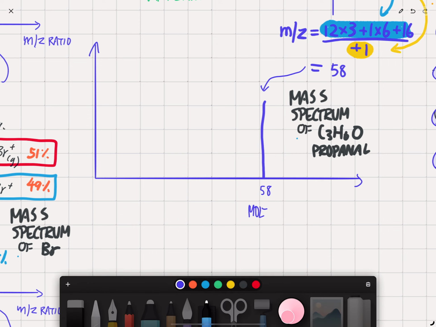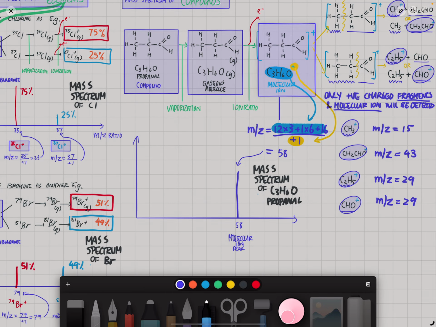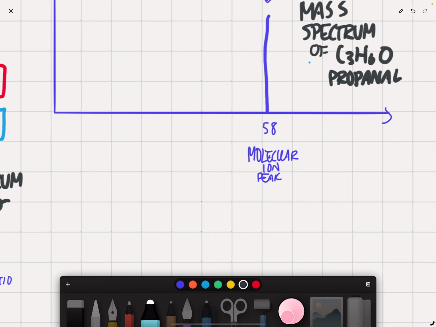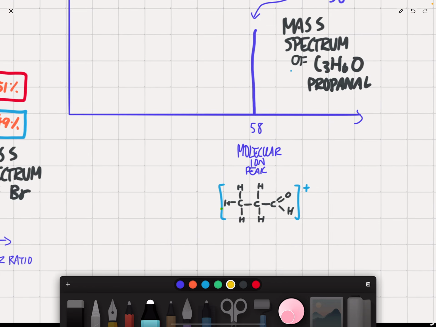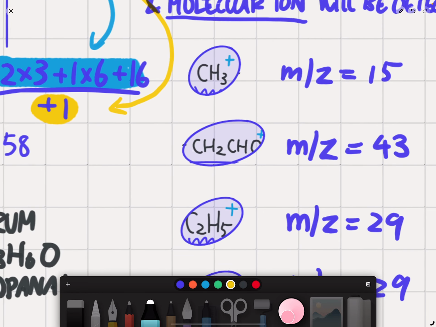This is the molecular ion peak due to the entire molecular ion, CH3, CH2, C double bond OH. So this peak is due to the entire molecular ion. And when this molecular ion undergoes fragmentation, it will form additional peaks, like these ones you see.